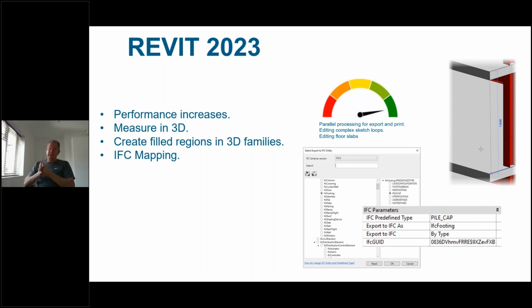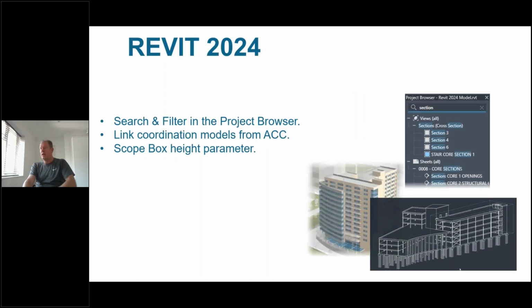And another biggie here is IFC mapping. Previously, the mapping within Revit to the IFC classes wasn't particularly good, and we had to take manual control over that to make sure that we're getting the correct classifications in the IFC export. But now that's been built into Revit 2023.